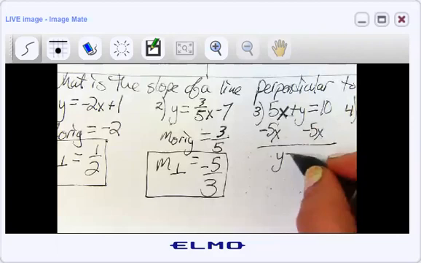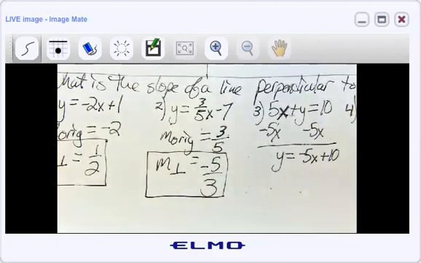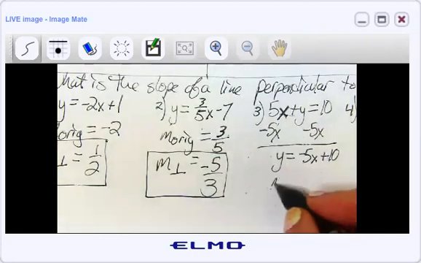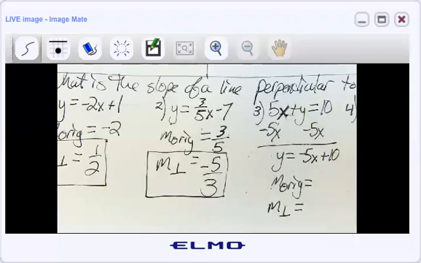So what am I left with? Y equals, I'm going to stick that -5x right after the equal sign, and then I have the plus 10 on the end. Now I'm ready to finish. Okay, you can't bypass that step though. You have to do that. I don't want you to get all of these wrong. Now I can figure out what the slope of the original is and what the slope of my perpendicular is going to be.